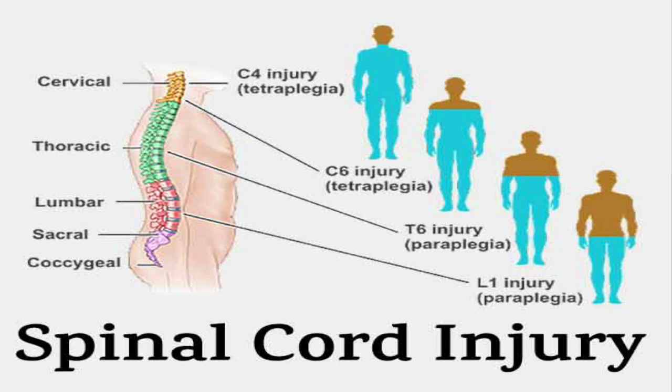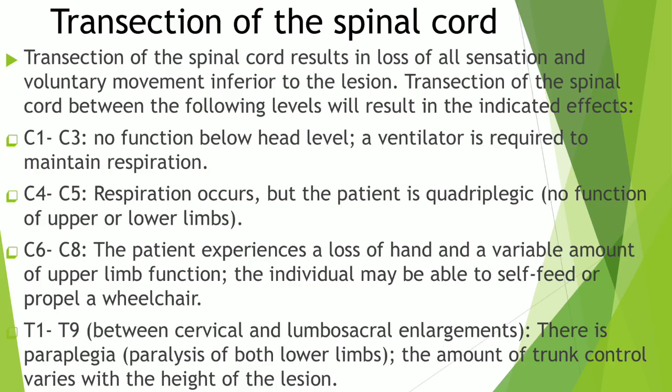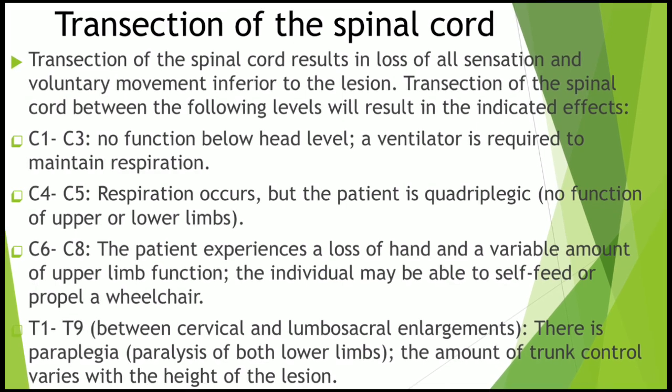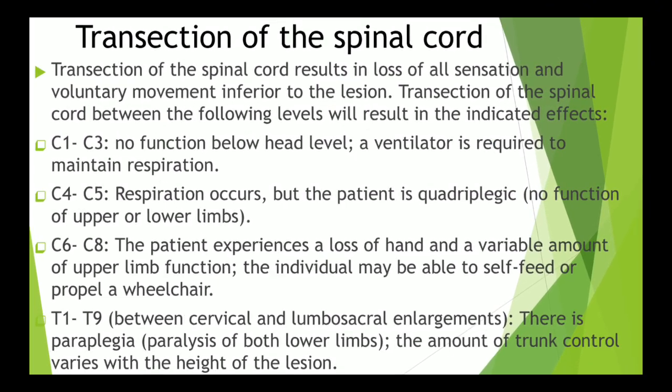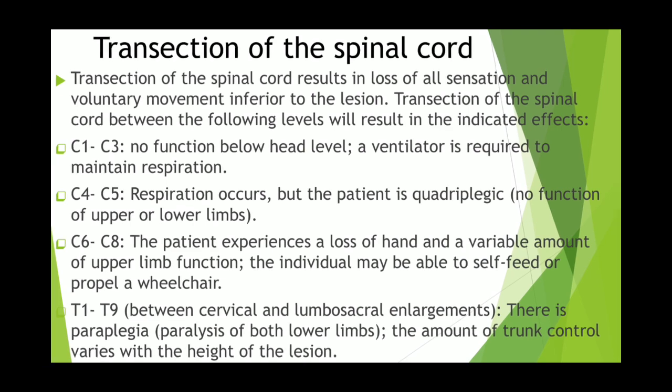But the patient is quadriplegic. That is, he cannot use both upper and lower limbs, both the legs and the hands. Such a person is going to be on a wheelchair. He might not even be able to move the wheelchair. He will just be there on the wheelchair, and he will need somebody to roll him around. So he's quite disabled.